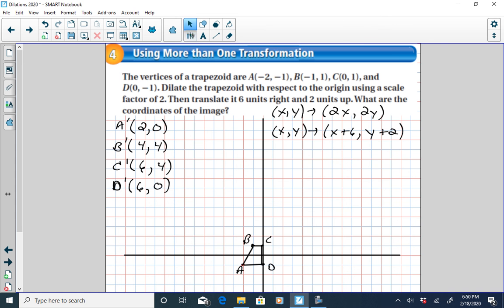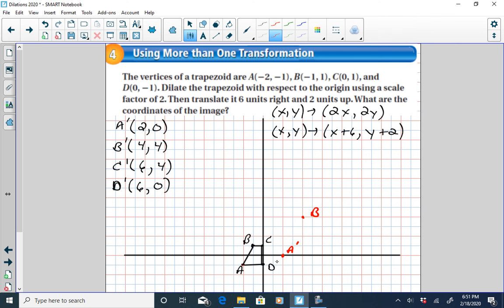Now the image is going to be enlarged and translated. So (2, 0) should be here. It's my A prime. B prime is located at (4, 4), over 4, up 4. There's my B prime.